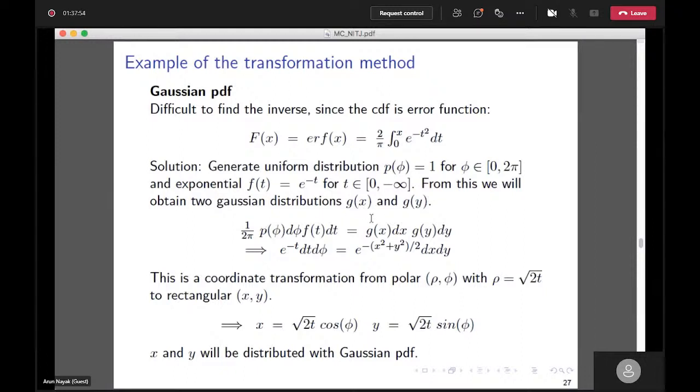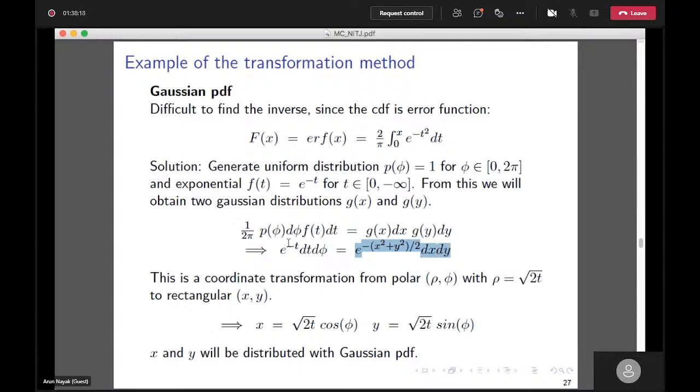Okay, so we can write the product of two distributions here. It's equal to the product of two Gaussian distributions, and from there we will have this kind of equation. This side is exponential times uniform, and this side is the product of two Gaussians.